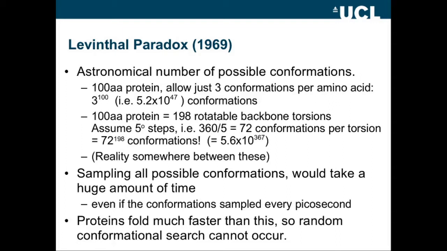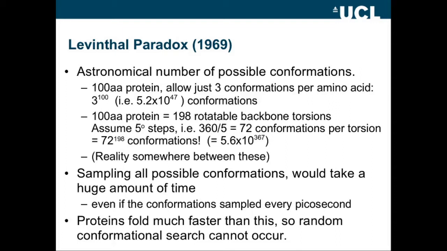So if we take a 100 amino acid protein, and for each amino acid just allow 3 conformations, well, that would mean there are 3 to the power of 100, i.e. 5.2 times 10 to the power of 47 different conformations possible. Now, of course, that is a bit of an oversimplification because it ignores the clashes that are going to occur between distant residues as you fold a protein into every possible conformation. But equally, it ignores the additional complication of side chain conformations.